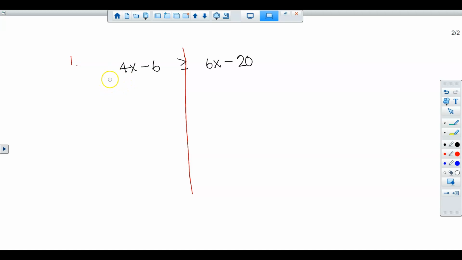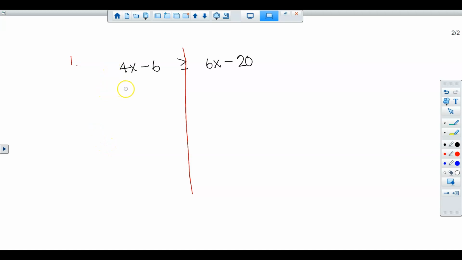Can I combine like terms on the same side? Well, let's see. Side 1 doesn't have any like terms. Side 2 doesn't either, so that would be a no on step 2. For step 3, do I need to cancel the smallest variable?